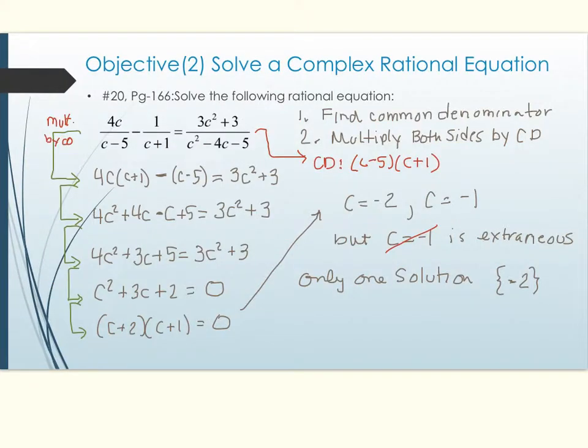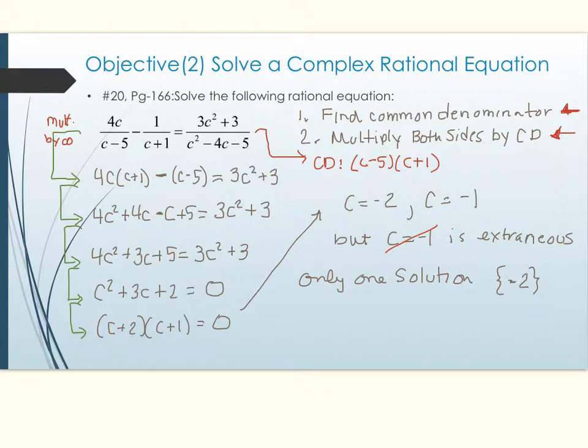Our second objective is to look at some complex rational equations. And you will recall that the way that we're going to solve the complex rationals is to find a common denominator. That's our first step. And our second step is to multiply both sides by the common denominator.